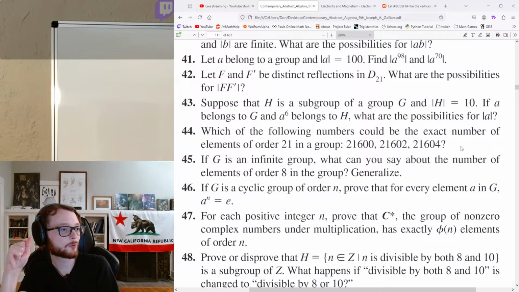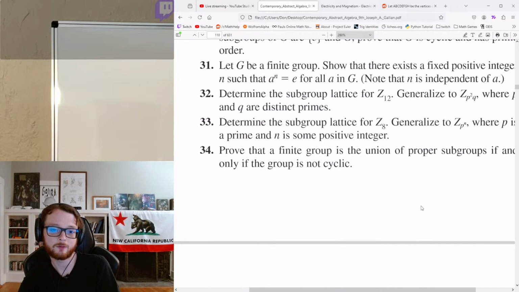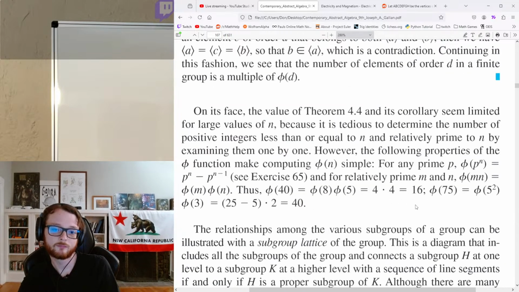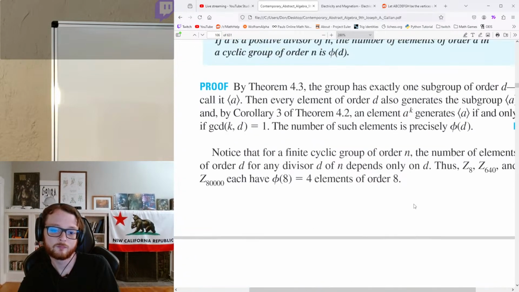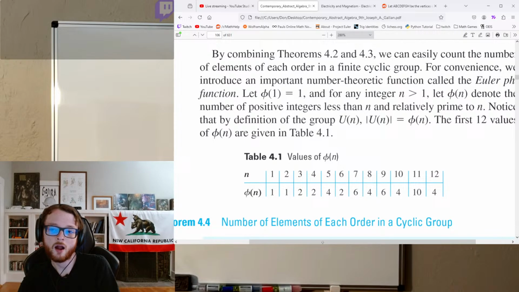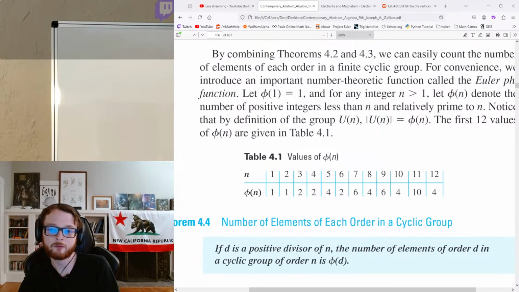So the number of numbers that are relatively prime to 21 and less than 21 is the definition of phi of n.